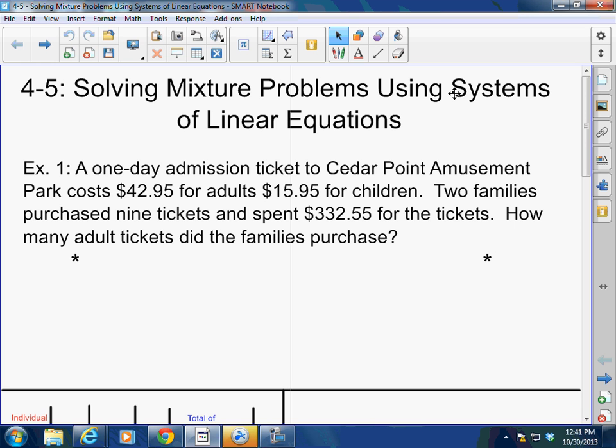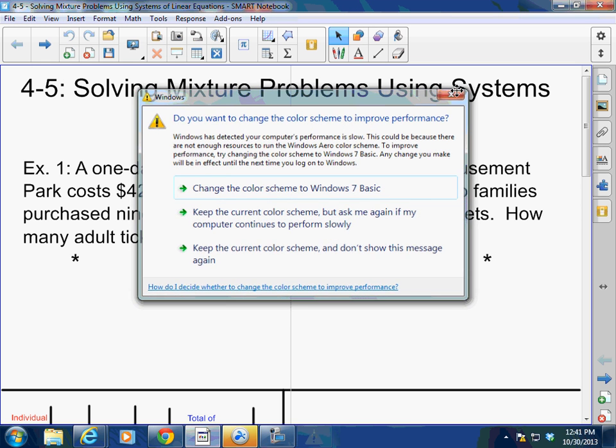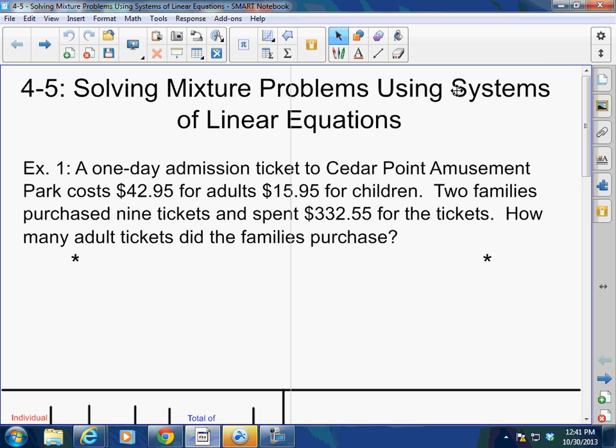Okay? So, first example. A one-day admission ticket to Cedar Point Amusement Park costs $42.95 for adults, $15.95 for children. Two families purchased 9 tickets and spent $332.55 for the tickets. How many adult tickets did the families purchase?